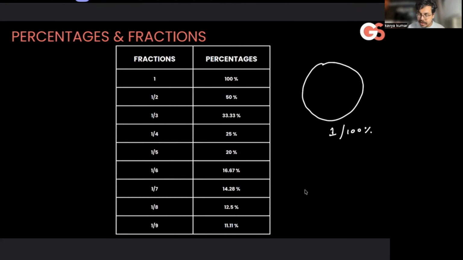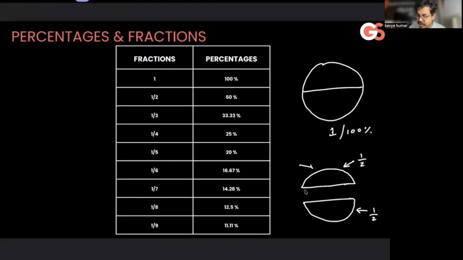If I cut this pizza into two halves, I take one half here and the other half here. This is a 1 by 2 part, and this is also 50%, right? Because I've taken half of the pizza, and half of the pizza becomes 50%.